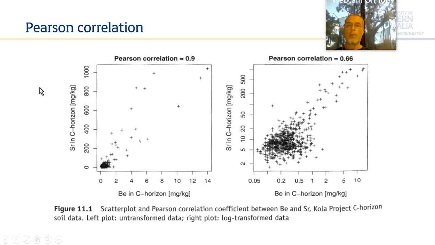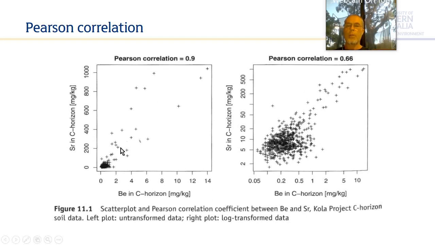Okay. Example of Pearson correlation for transformed and untransformed data. In this case, for Pearson correlation, the transformation or distribution of our variables actually makes quite a difference to the observed correlation coefficient.